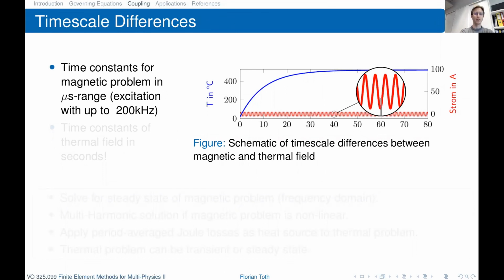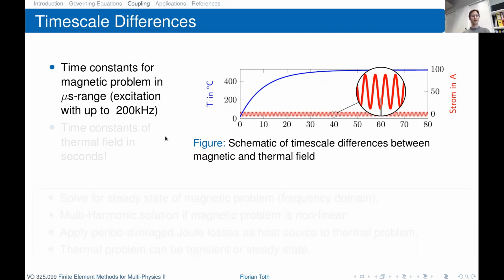Typically in the magnetic problem, in the induction heating problem, we will have time ranges of microseconds. So we really have fast alternating currents with which we excite the inductor. So the magnetic field oscillates really fast in comparison to the time constant of the thermal field.